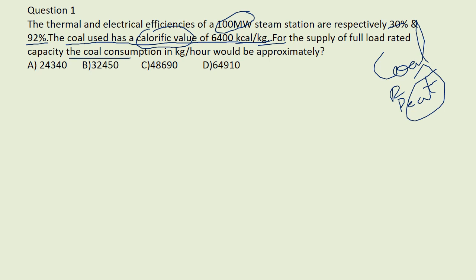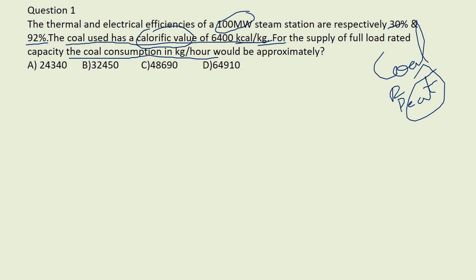In what unit? In kg per hour. The thermal power plant has a capacity of 100 megawatt, it has these two efficiencies, and it is using a calorific value of 6400 kilocalorie. So they are asking about the coal consumption.